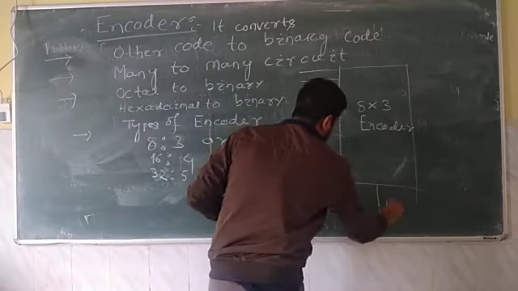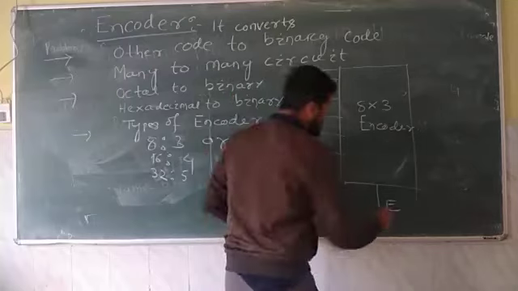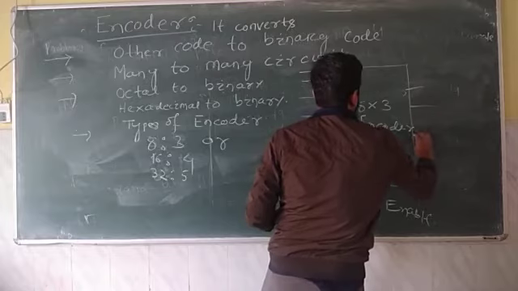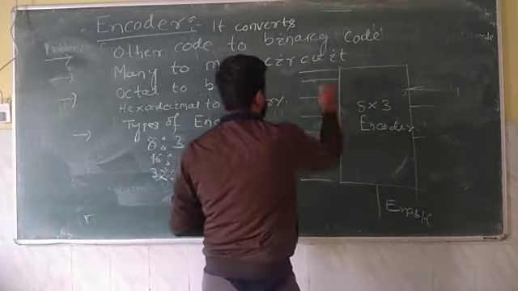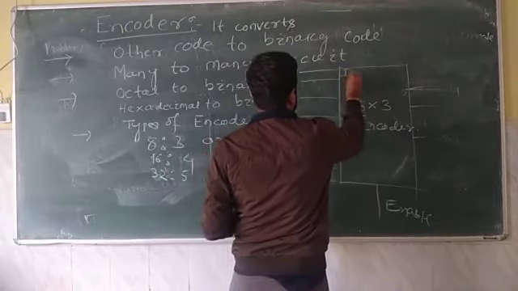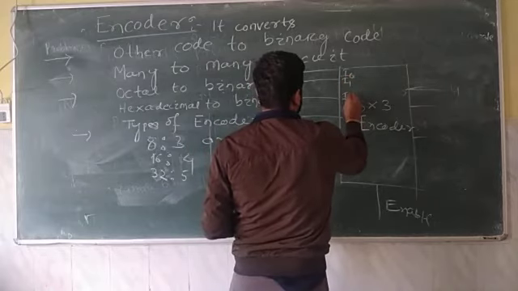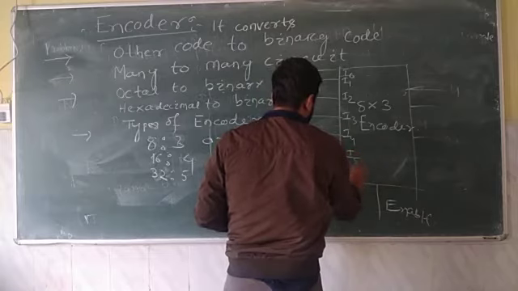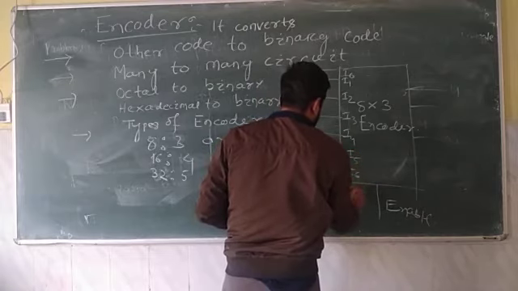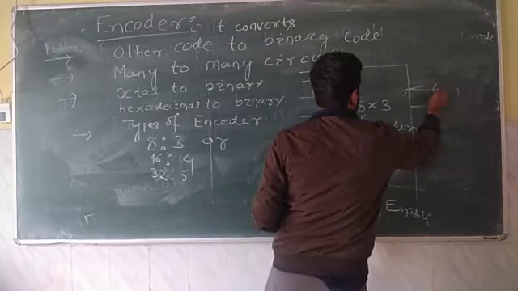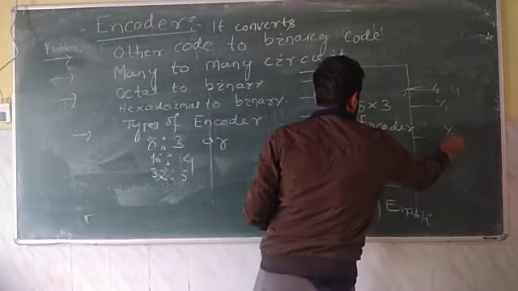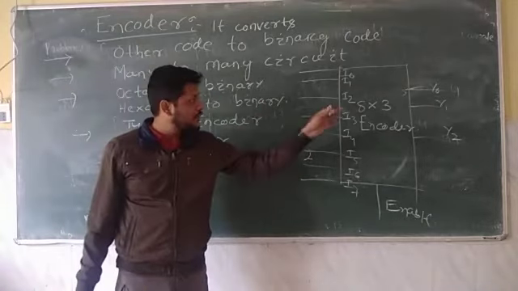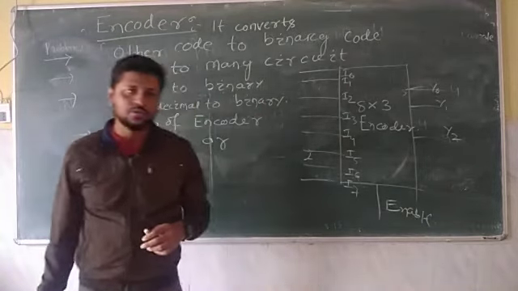Here also you have to apply one enable, and we have 3 outputs. So this is your I0, I1, I2, I3, I4, I5, I6 and I7, and this is your Y0, Y1 and Y2. So we have 8 inputs and 3 outputs. This is the 8:3 encoder.